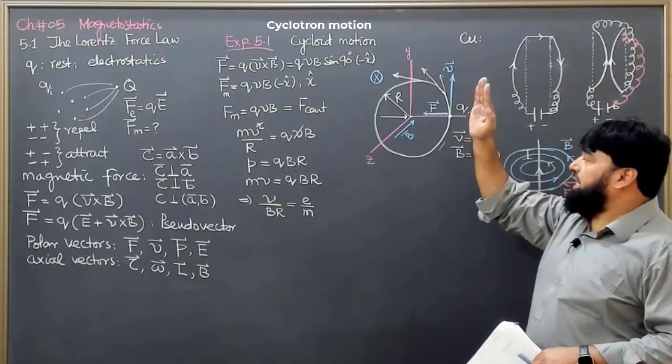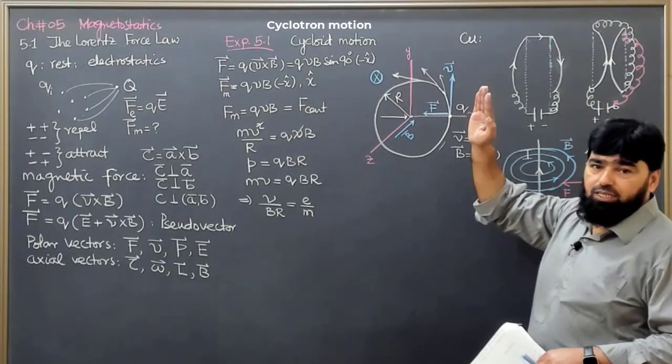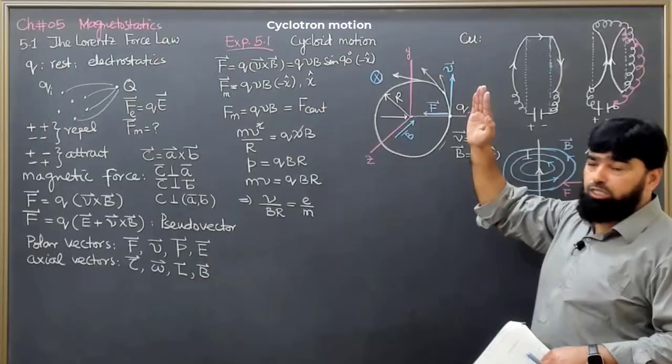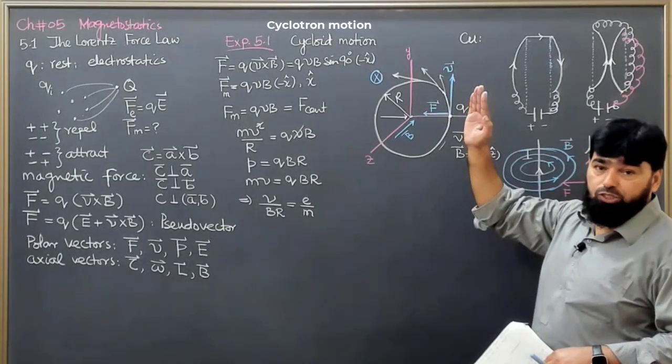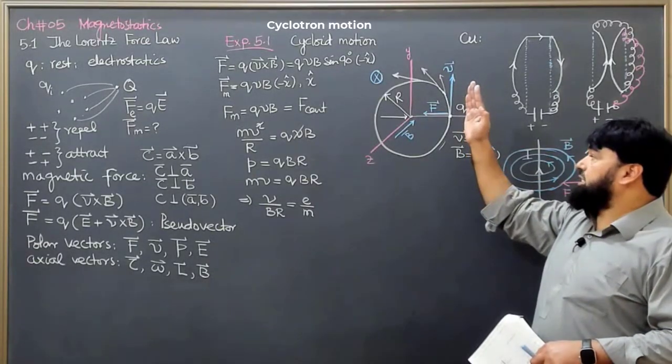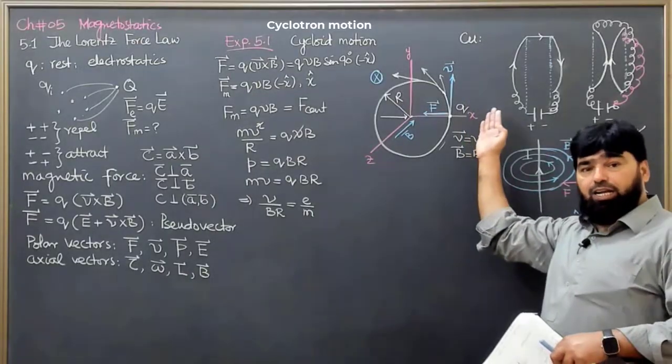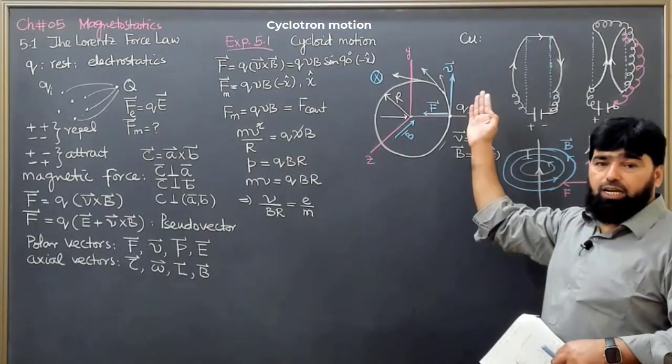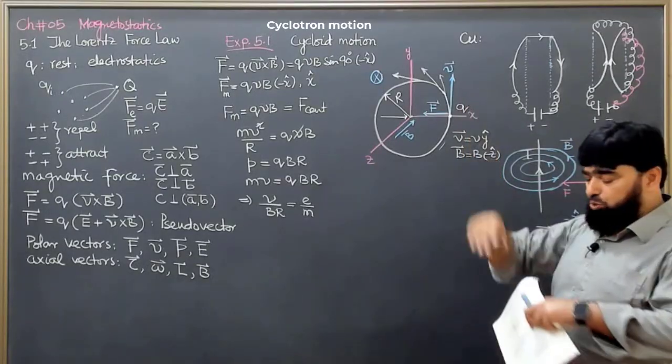But if it is slightly out of the plane like this, it will have horizontal and perpendicular components. Or if it is tilted slightly into the board, then again it will have the two components.